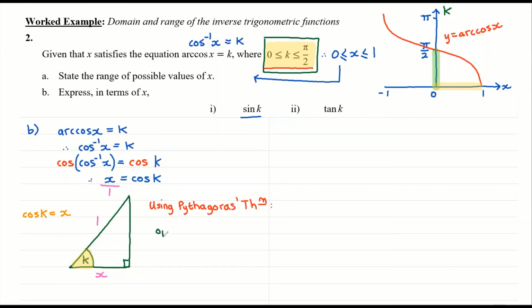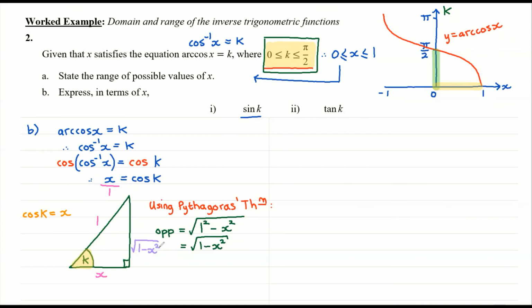So we know the opposite side is just going to be the square root of the hypotenuse squared, which is just 1 squared, which is 1, subtract the adjacent side squared. So in other words, the opposite is just going to be the square root of 1 subtract x squared. Okay, and we can just indicate that on the diagram. So this side here is the square root of 1 subtract x squared.